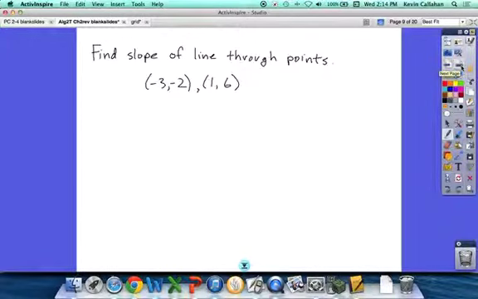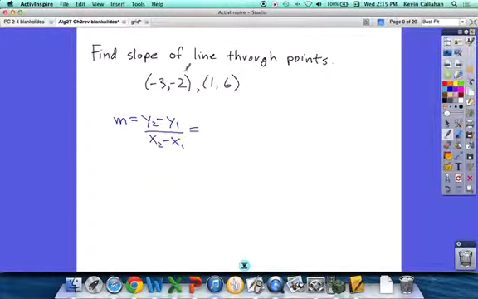Okay, what if you've got 2 points and you have to find the slope? Okay, we have a formula for that, right? y2 minus y1 over x2 minus x1. Right, it's the change in y divided by the change in x.